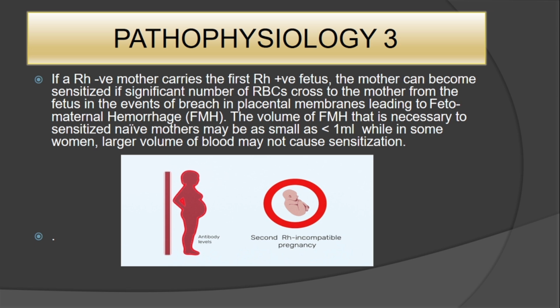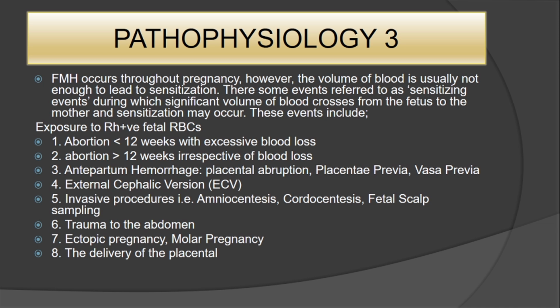However, if the volume of the fetal-maternal hemorrhage is significant enough, it can lead to sensitization of the mother. The volume of the fetal-maternal hemorrhage that is necessary to sensitize the mother may be as small as less than 1 ml, while in some women, a larger volume of blood may not even cause any sensitization.